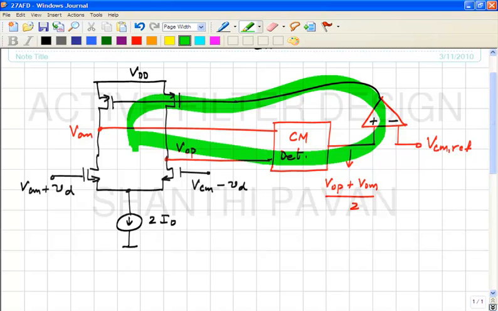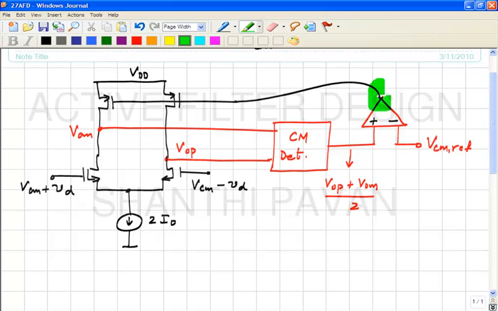In other words, for a purely differential output, the detected common mode voltage will not change, which means that the voltage at the output of this amplifier will not change, so there is no feedback action in response to the differential voltage, correct?